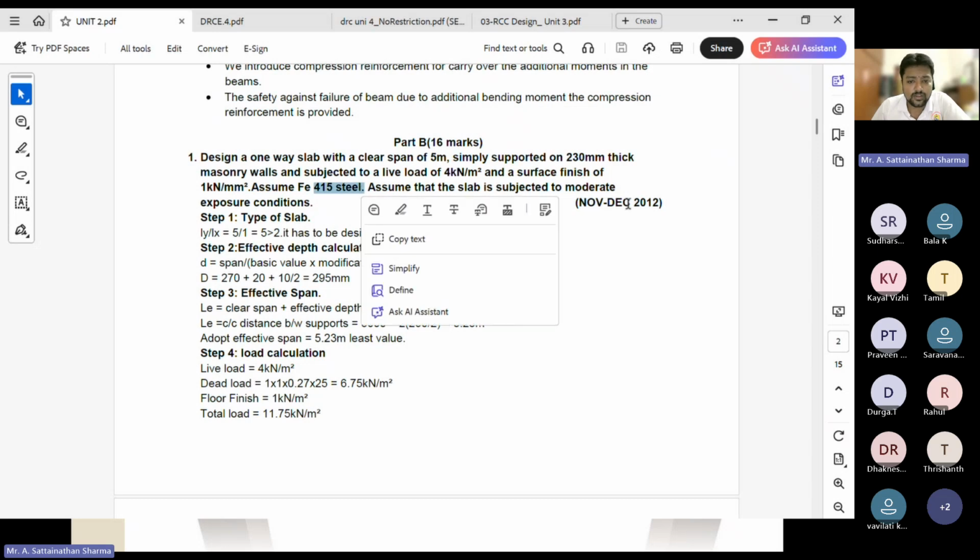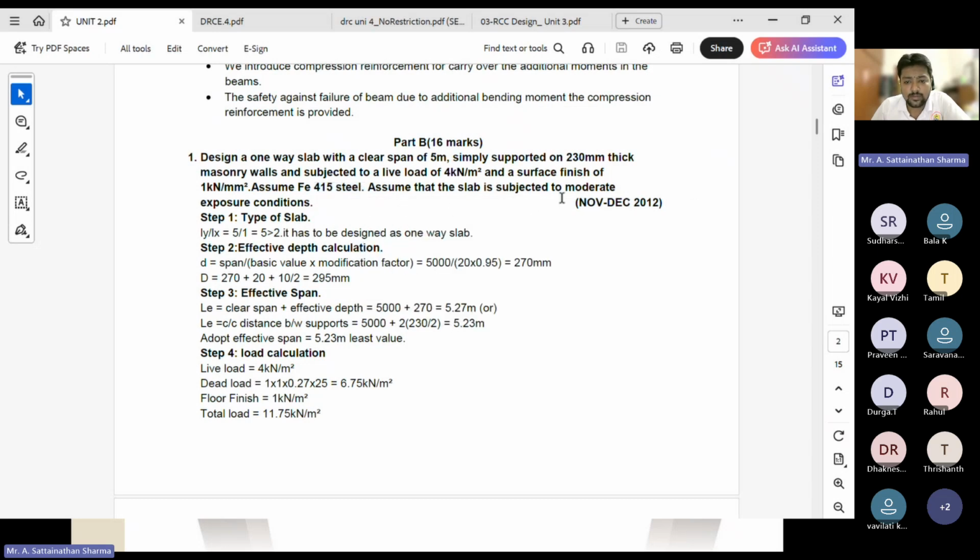Assume Fe415 and assume the slab is subjected to moderate condition. When you compare these two, you can see the second problem has new data, which is the floor finish, and there is some absence of data when compared to the first question.